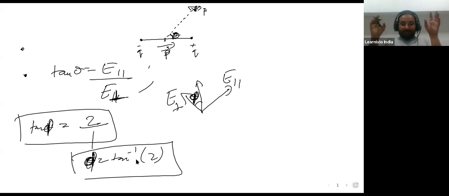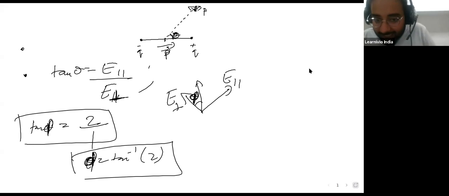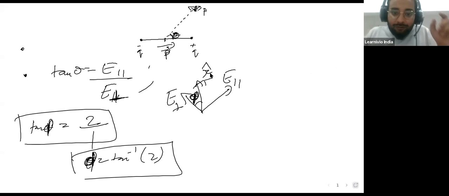Many times when you'll have problems on dipole, this is one thing that will help you a lot. Knowing that in a dipole, the exact direction of the field, the r cap, which will be the resultant, will always have exactly this angle.